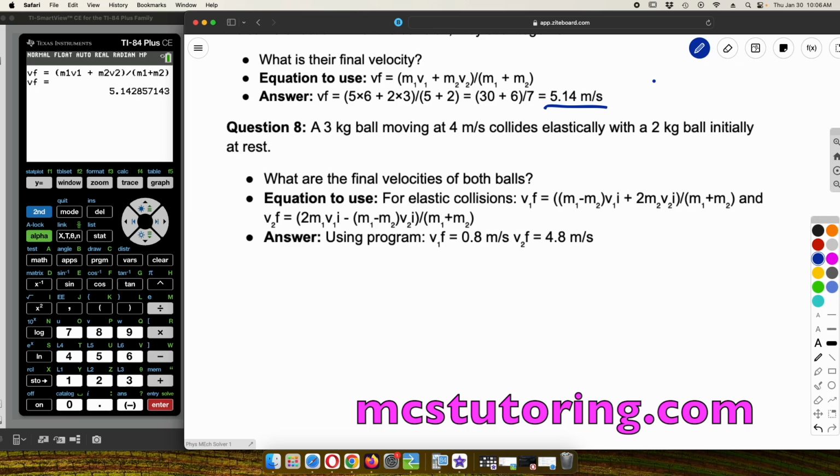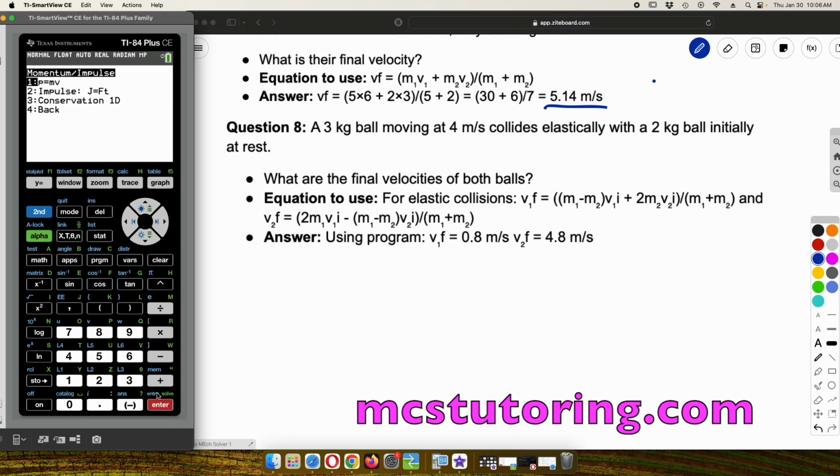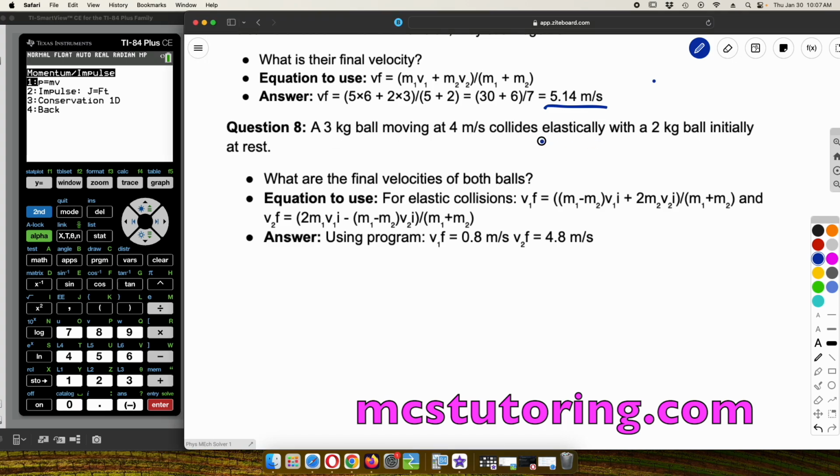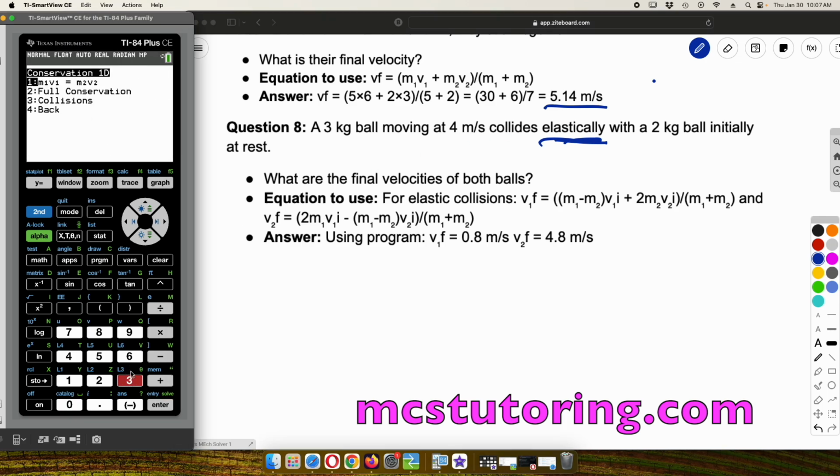Good. The final question, number 8. Oh, and this is great. A 3-kilogram ball moving at 4 meters per second collides elastically. Okay, we know it's a collision and it's elastic. So elastic collision it is. So conservation, collision, and elastic. Boom.